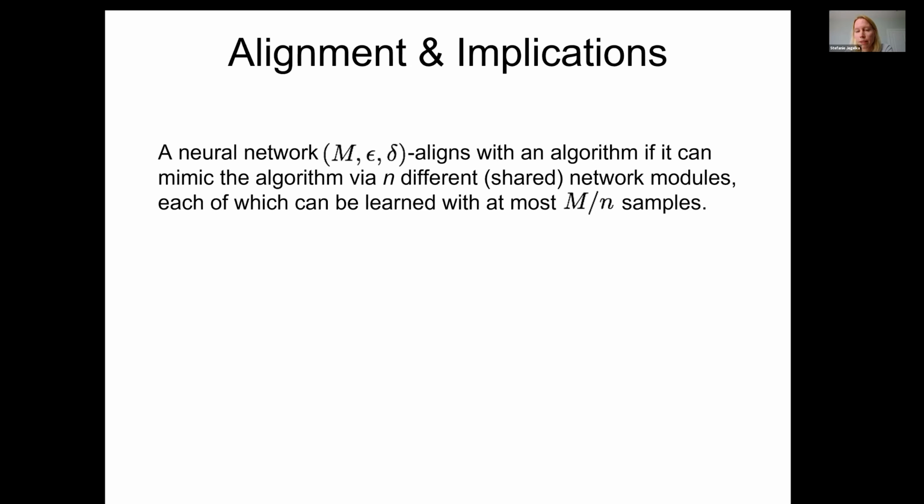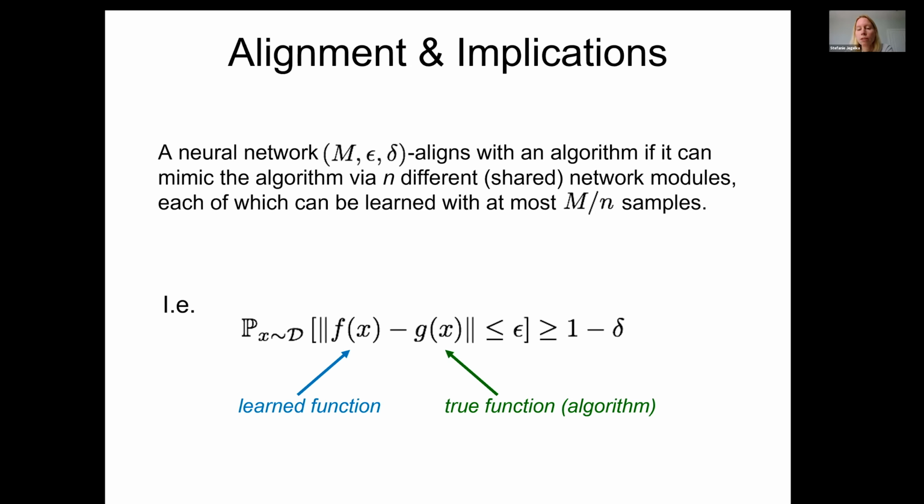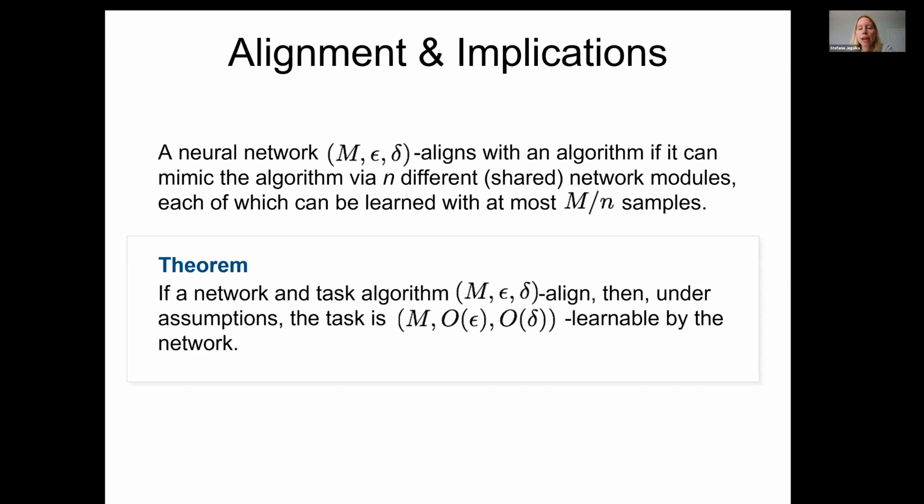And by learning, I mean learning in a PAC framework, that with high probability, I'm matching the function almost everywhere under my distribution. If this is the case, then the network can learn the task fairly well with a relatively small number of samples. So that is a first initial theoretical step to try and formalize this notion of architectural inductive bias and how the structure of the task aligns with the learning of the network.